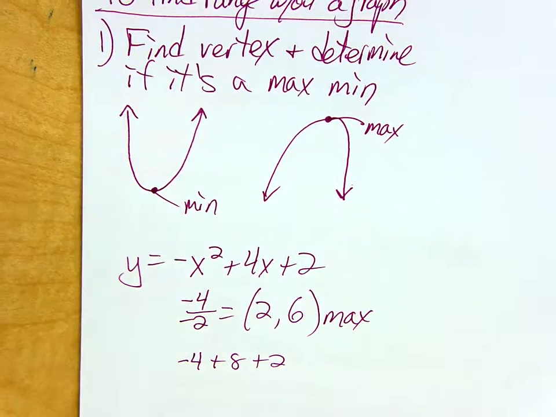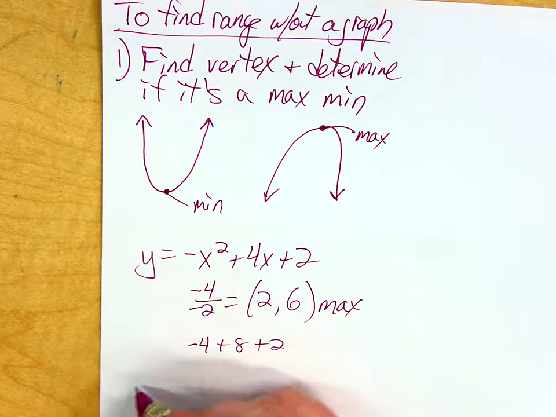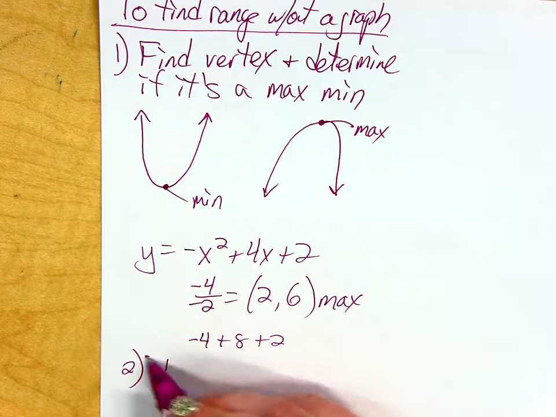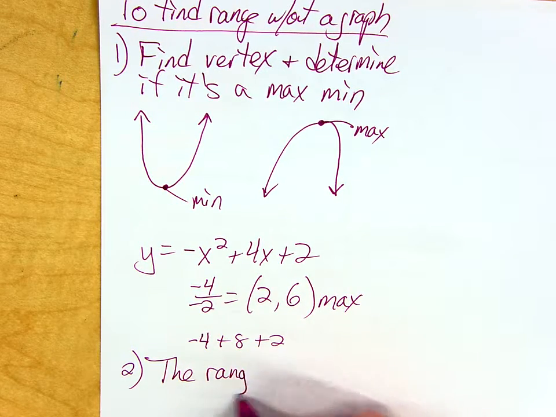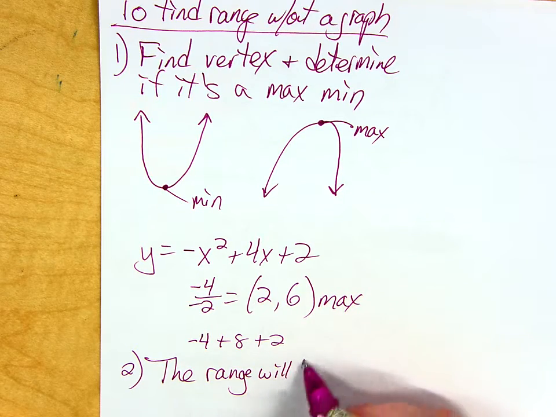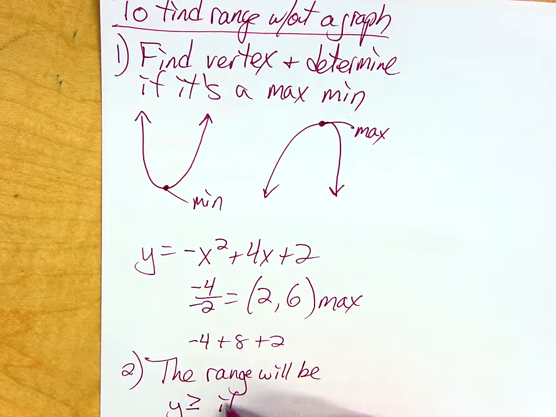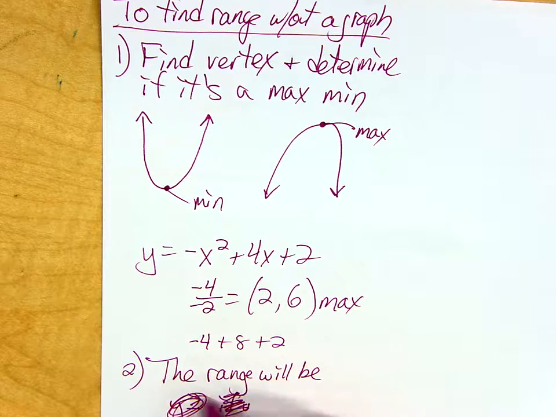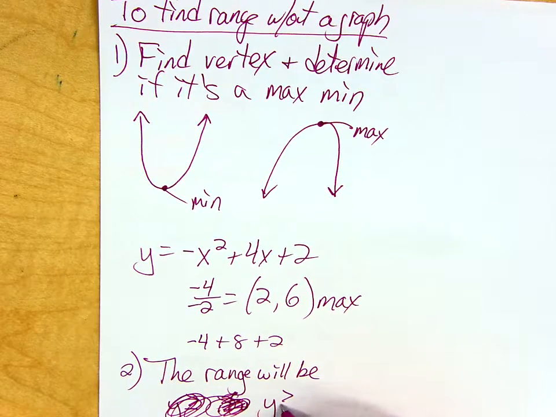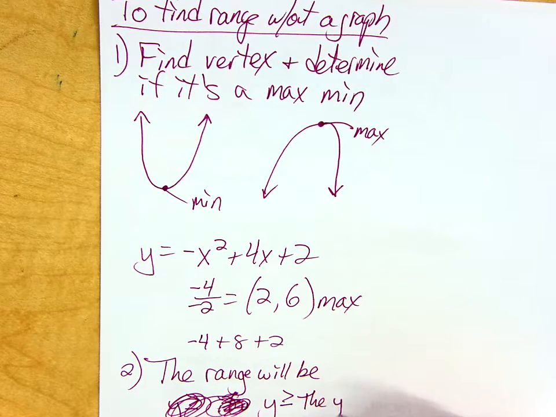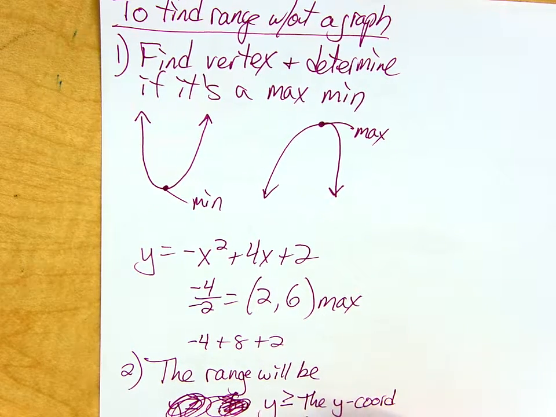Okay, so now once you have your vertex and you figured out if it's a max or a min, here's where you're going to go with that. So the range will be y is greater than or equal to the y coordinate of the vertex if you have a min.